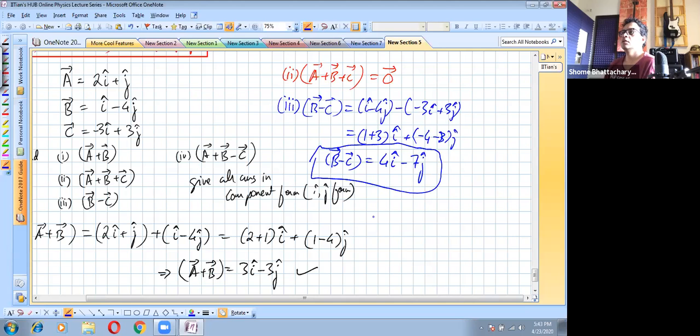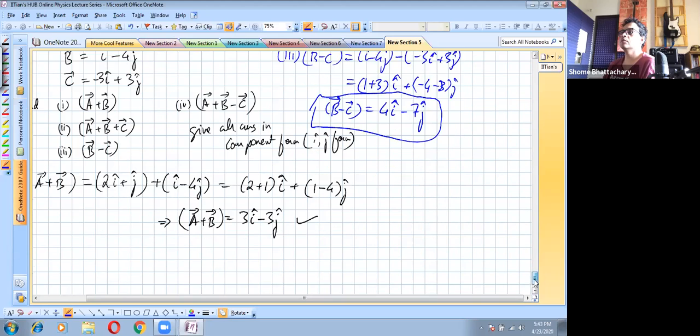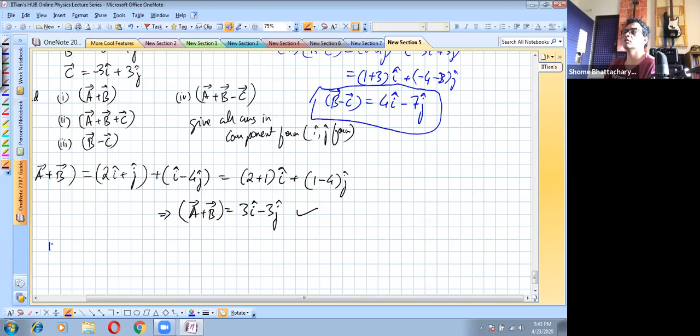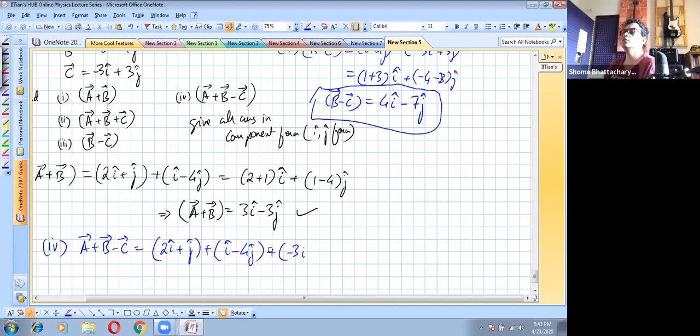Okay. Similarly, you work out the fourth part, a plus b minus c. So our a was 2i plus j, plus b was i minus 4j, and c was minus 3i plus 3j. Sorry, there's a minus sign here. Careful. So minus of minus 3i plus 3j.